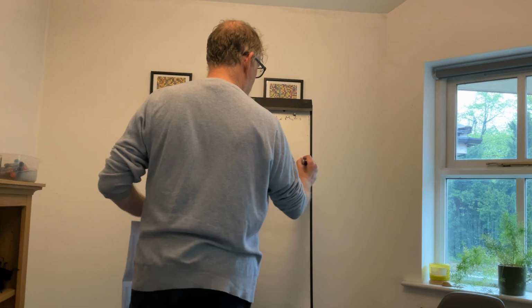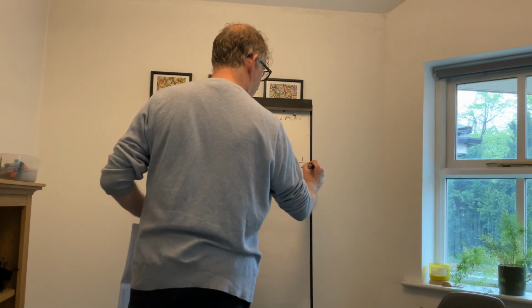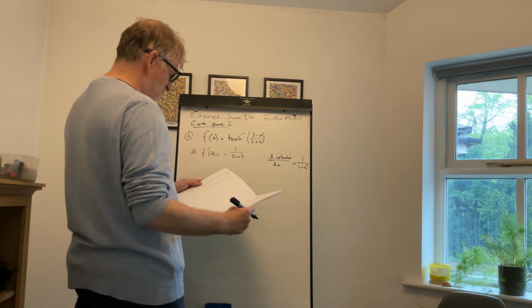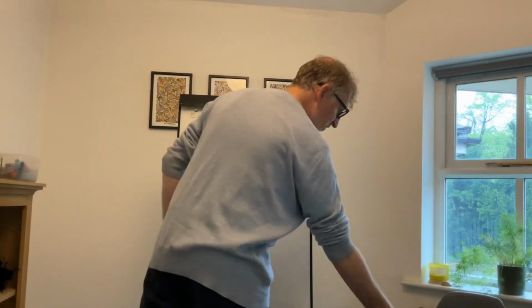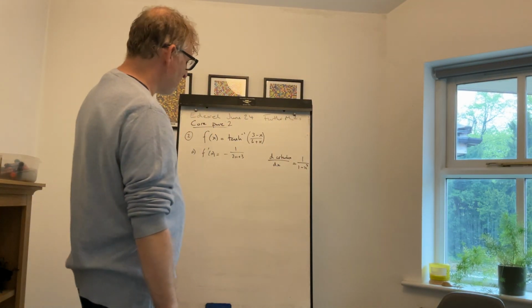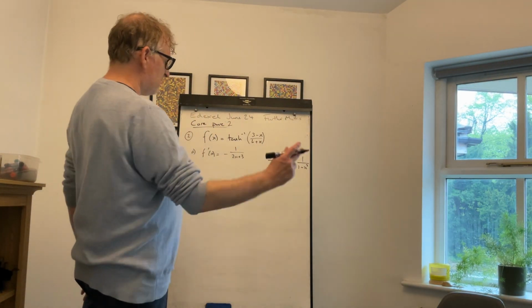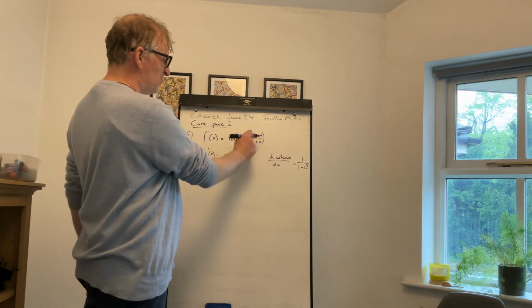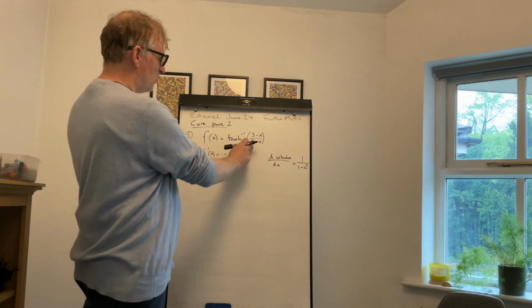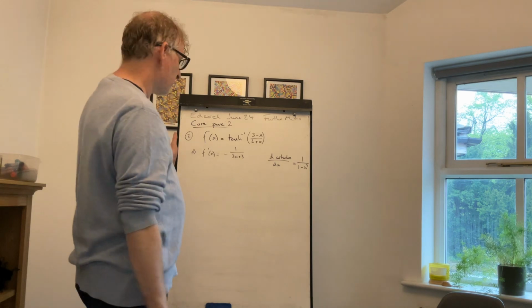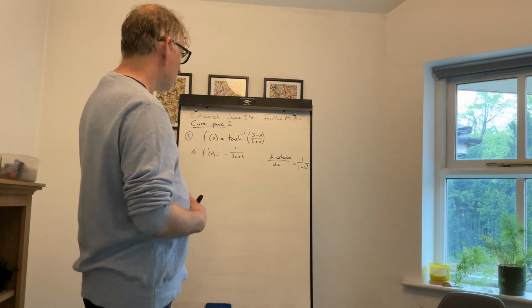I have to remind myself of what it is. To be honest, the simplest way of doing this is using the chain rule, calling this u and differentiating from that. I would say that's the most obvious way.